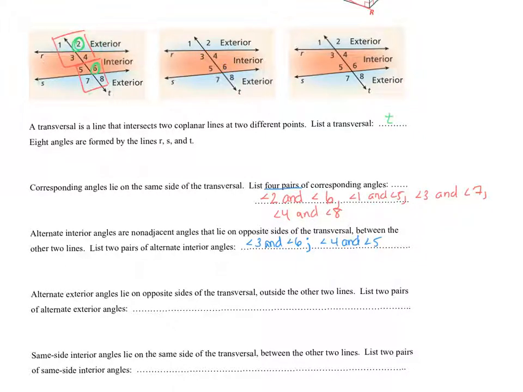Alternate exterior now is sort of the same idea. They're exterior on the outside, and they're alternate on opposite sides. So for instance, angle 2 and angle 7. And another pair would be angle 1 and angle 8.